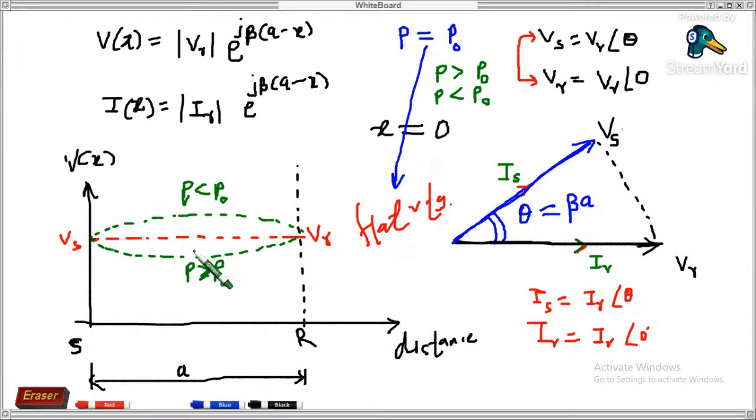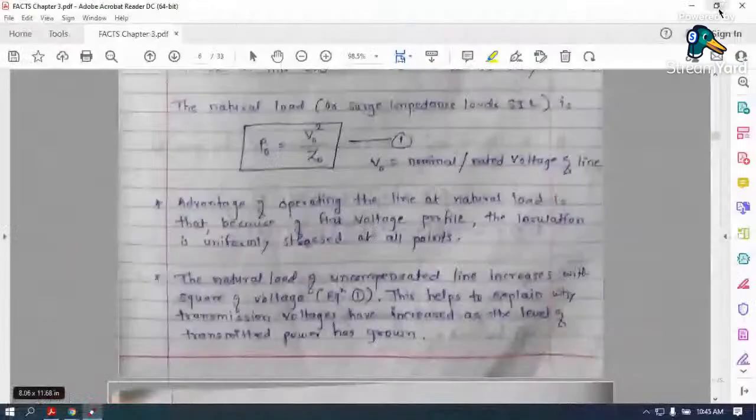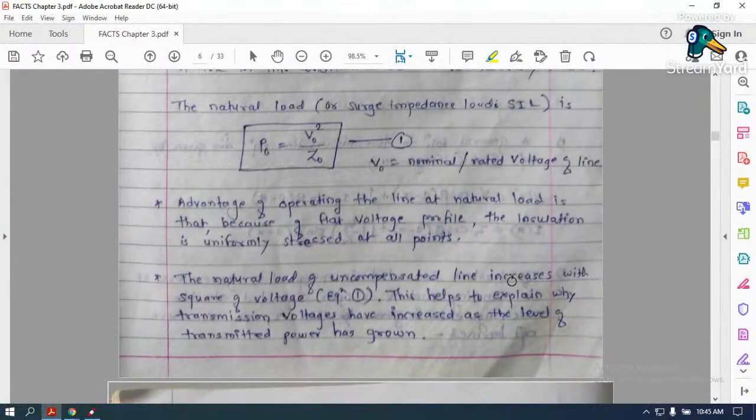You can get a flat voltage profile only if you have loaded that line at SIL. Without a compensator also you can get a flat voltage profile. The natural load of an uncompensated line increases with the square of the voltage. From this formula you can see P0 is directly proportional to V0 square. This helps to explain.